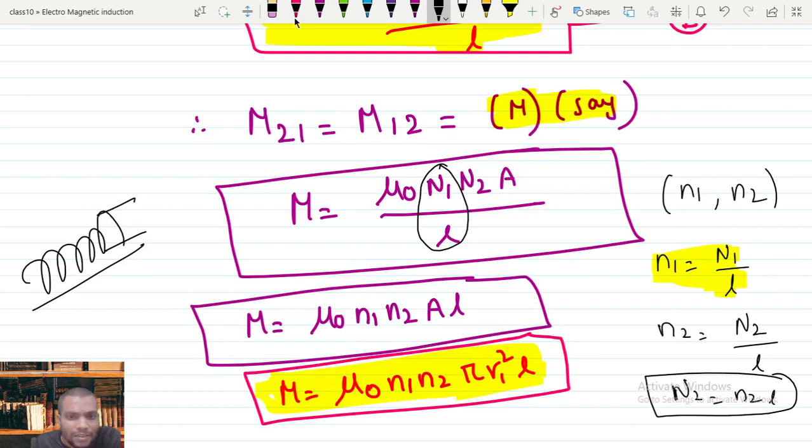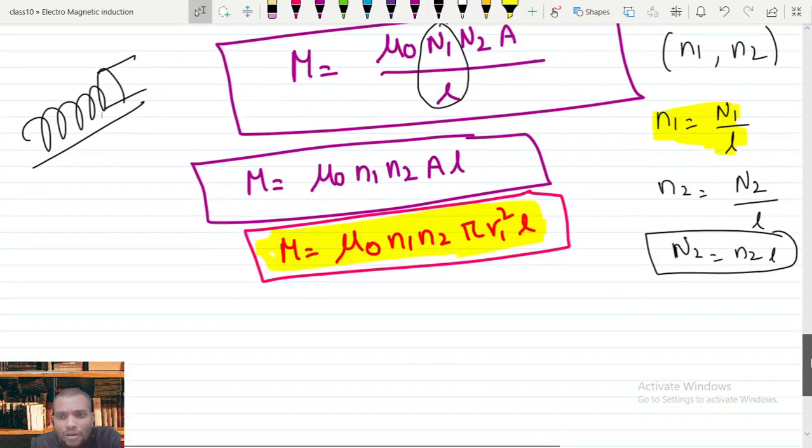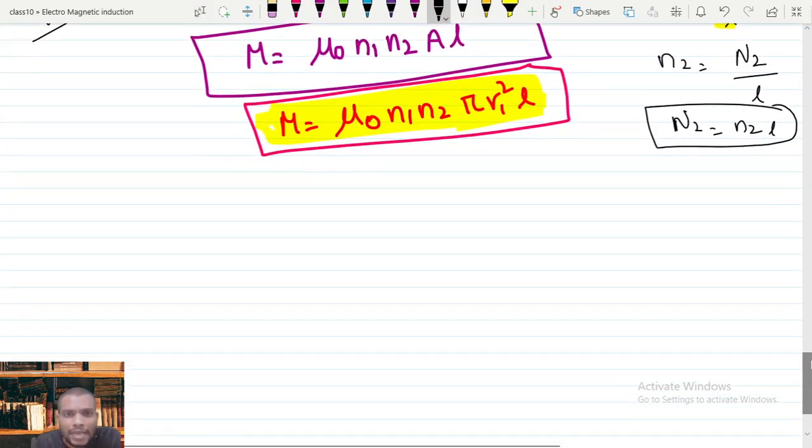Not only that, it is directly proportional to the number of turns per unit length, and above that, the permeability. So the mutual inductance is independent of the amount of current which is flowing. In the above expression, we do not find the factor of current anywhere. It purely depends upon the geometrical structure of the solenoid.